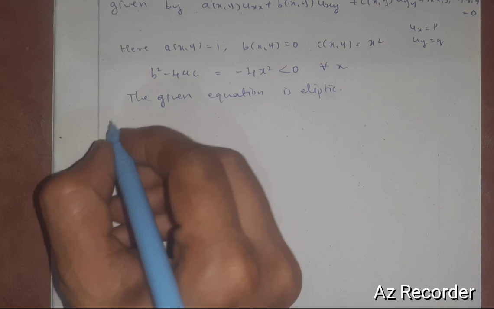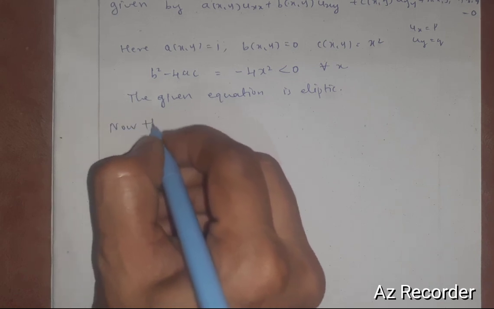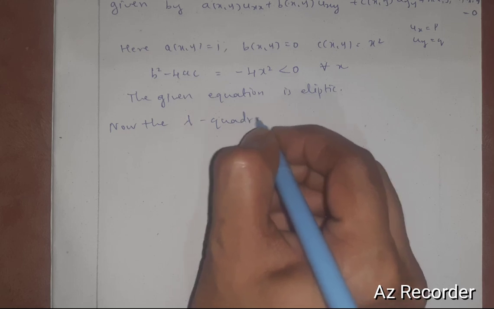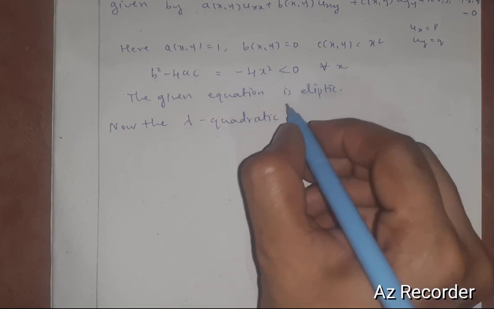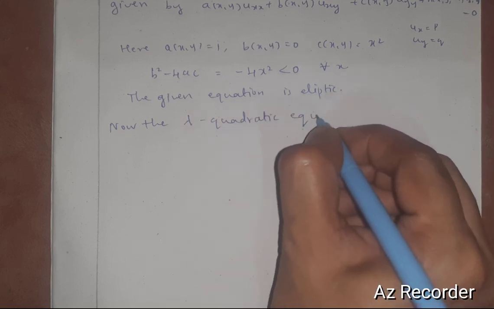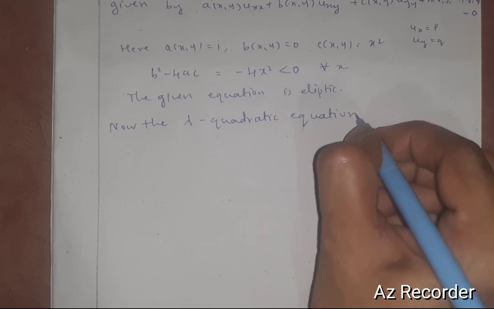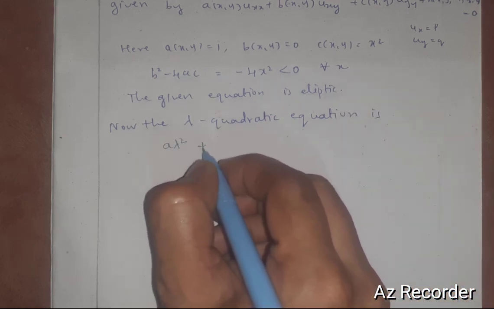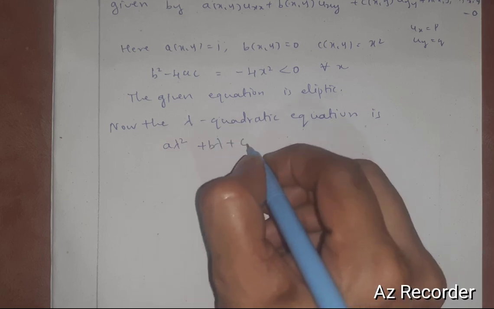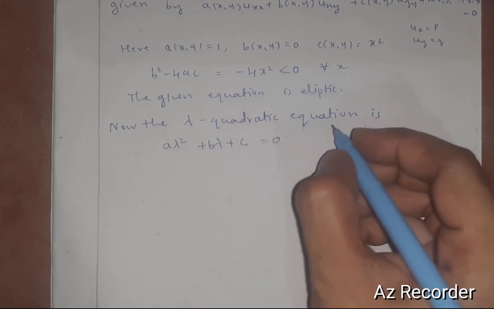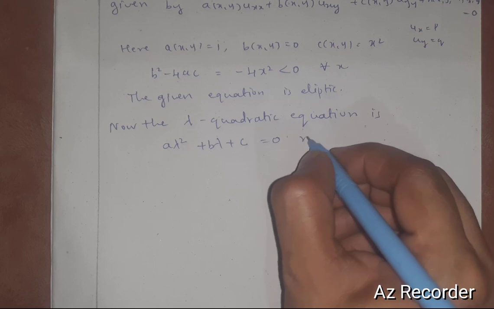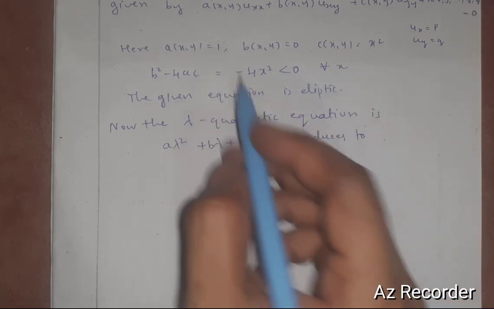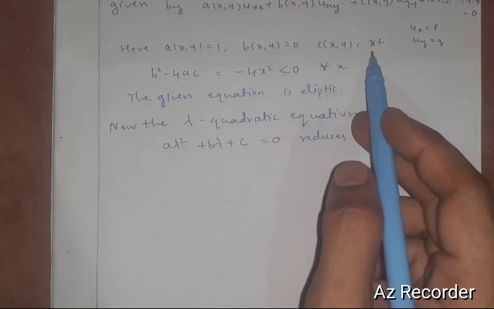Now the lambda quadratic equation a lambda square plus b lambda plus c equal to 0 reduces to, a is here 1, b is 0, c is x square.